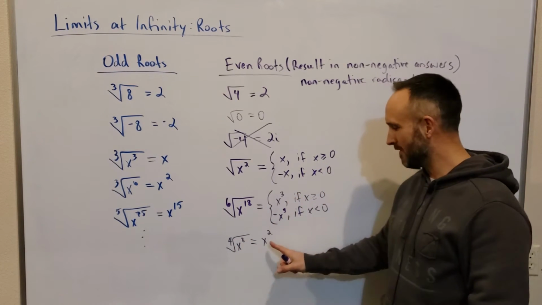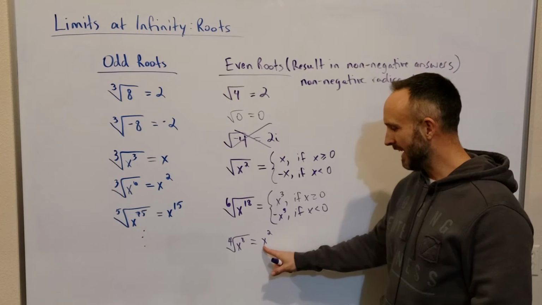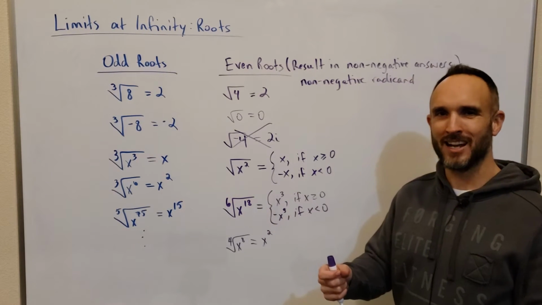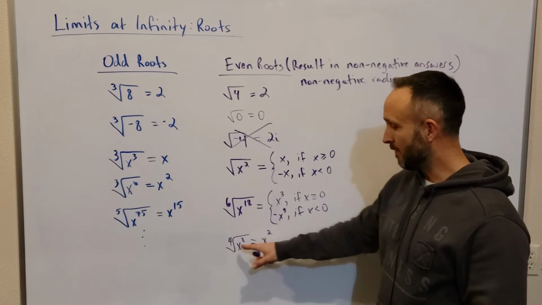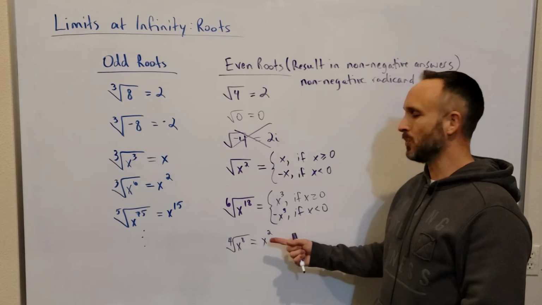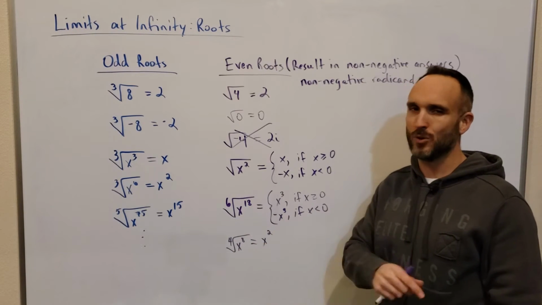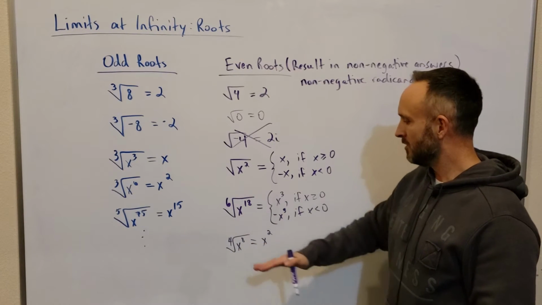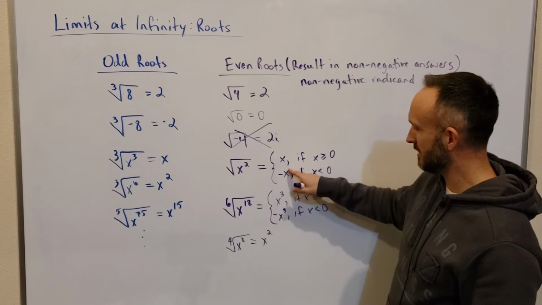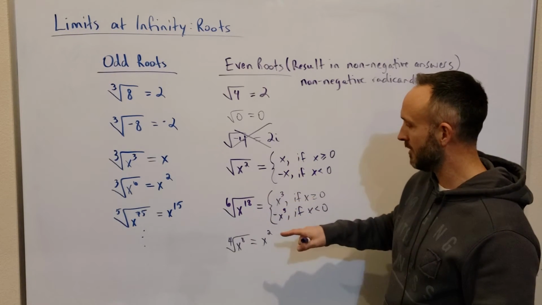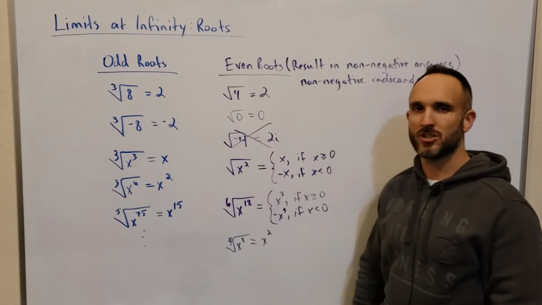And regardless of the value that x takes on, x squared is certainly not negative. So in this case, we're good. The fourth root of x to the 8th is always x squared, whether x is negative, positive, or even 0. So the issue becomes when the output of these have odd powers, x to the first, x to the third, you have to sort of distinguish what the output is.